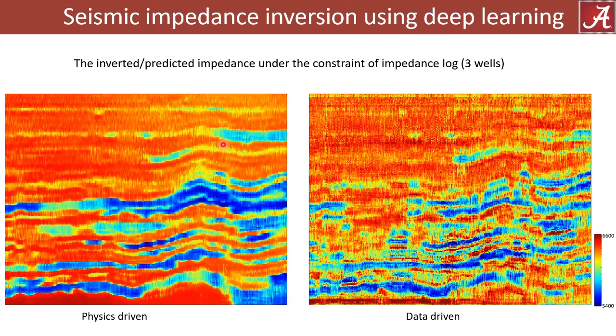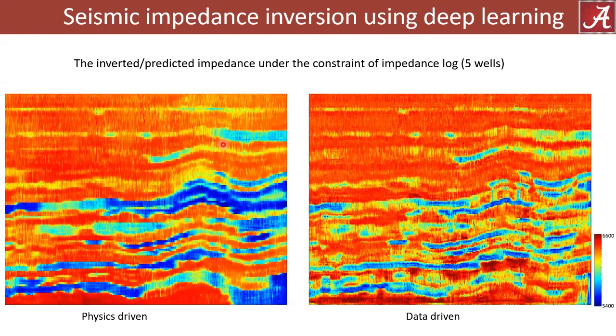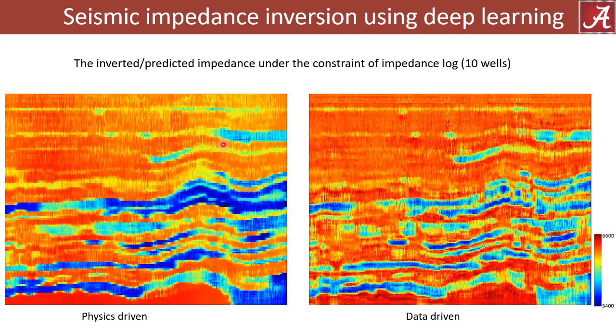Then we increase to 3 wells, and there's better performance in the data-driven method, and also in the physics-driven method. And as we keep increasing to 5, and 10 wells, and finally 20 wells, the results become better and better.